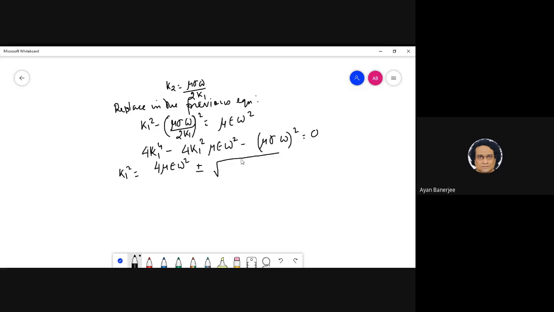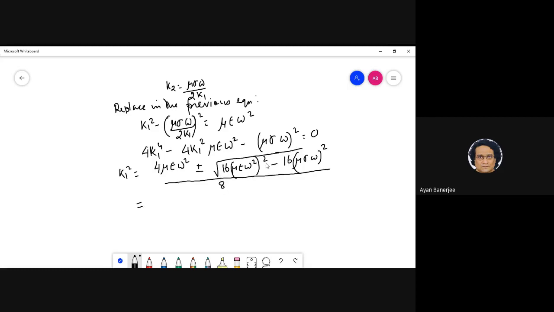Then this will be 16, 16 mu epsilon omega square whole square, plus 16 mu sigma omega whole square, divided by 8.